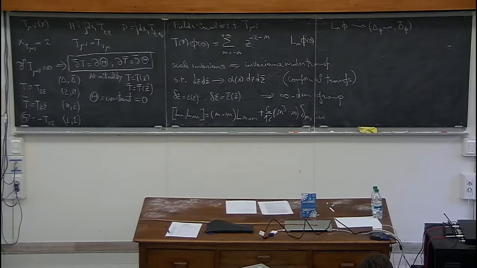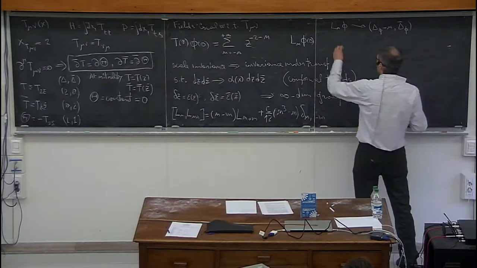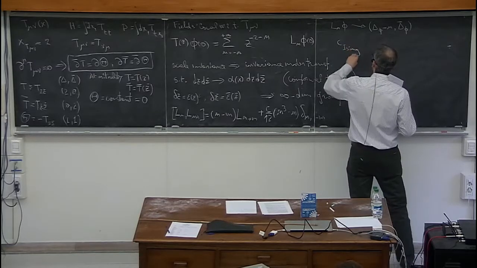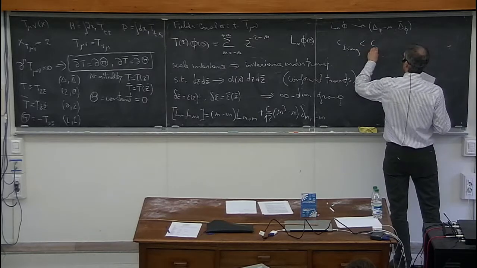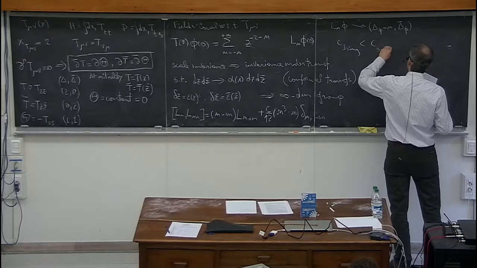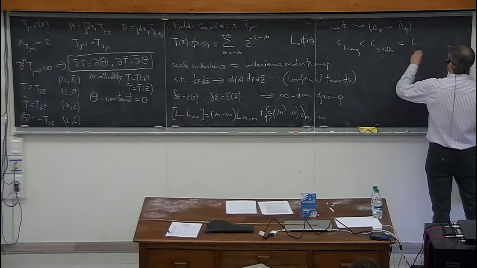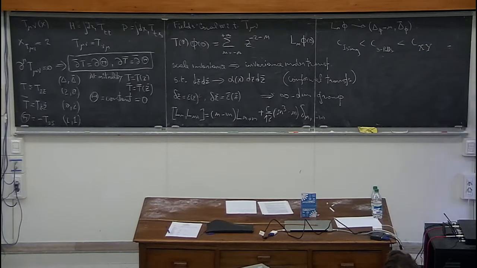So it grows with the number of degrees of freedom, in such a way that this number for this universality class will be smaller than the number for the three-state Potts model universality class, and this in turn will be smaller than the central charge for the XY universality class. XY was O(2) symmetry, I remind you.